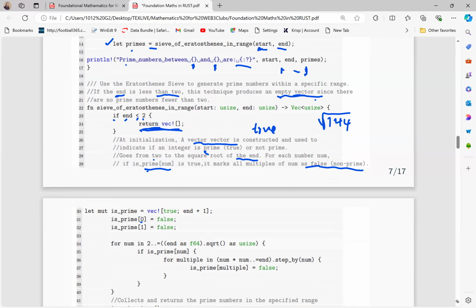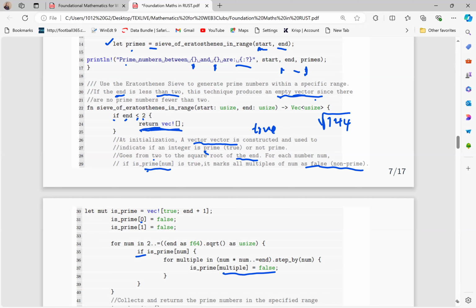And then for number 2, up to the end. Let me just read this. I already explained this: all the multiples of 2 are marked false because they are not prime numbers.